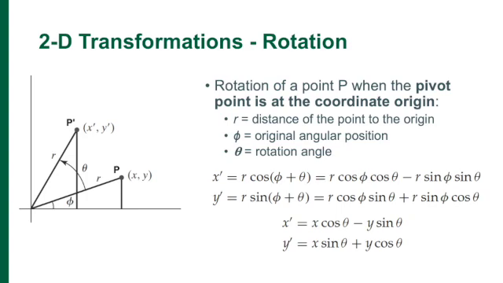And if we apply trigonometric identities, we can obtain this formula. We can observe that r cosine of phi is equal to x. So we can replace x here, and we can replace y in a similar way in this portion of the equation. So we are going to end up with this set of equations that depends only on the original point coordinates and the desired angle.